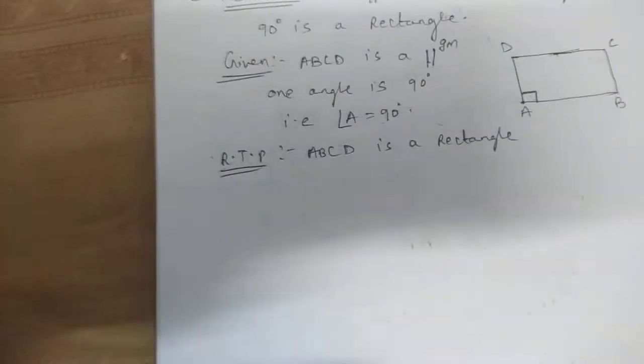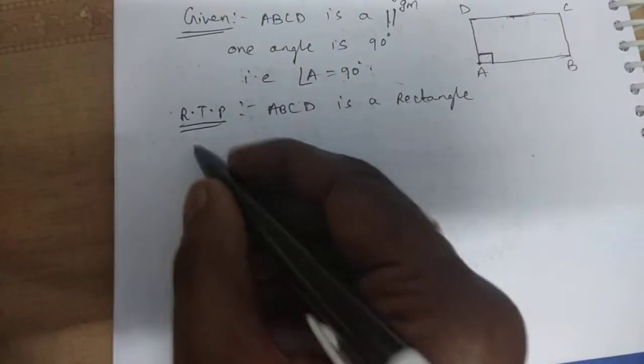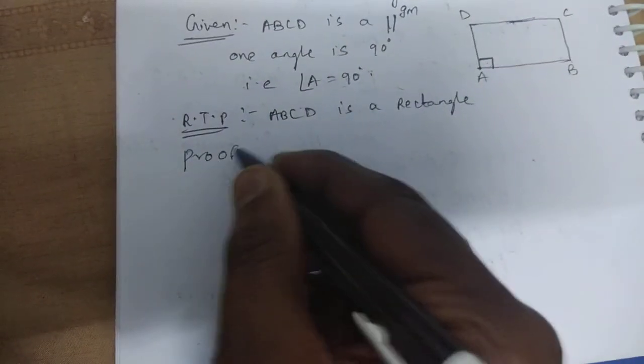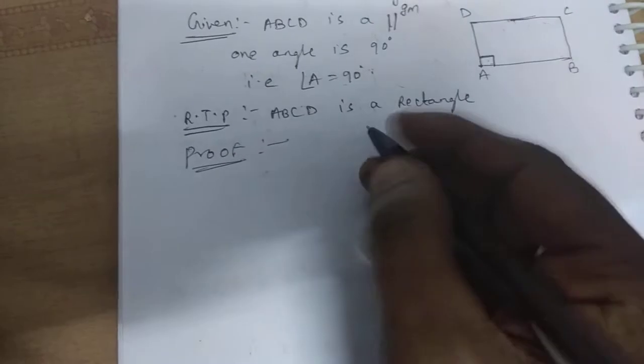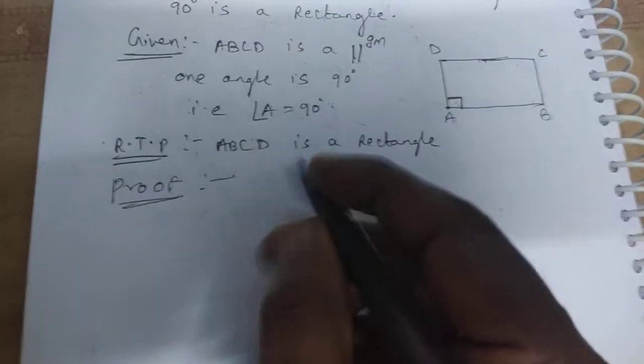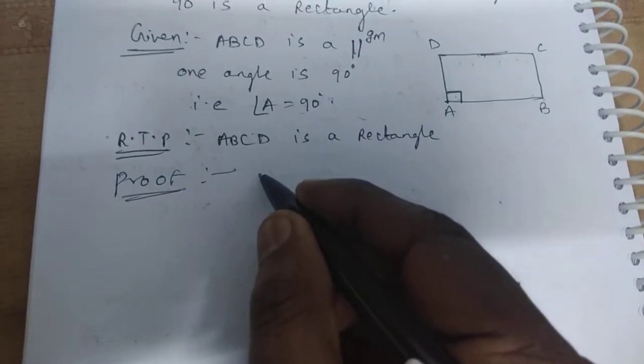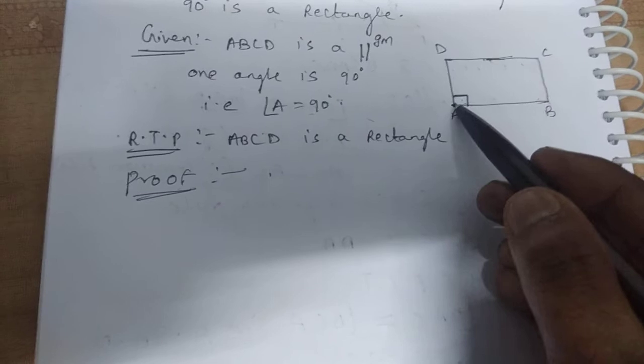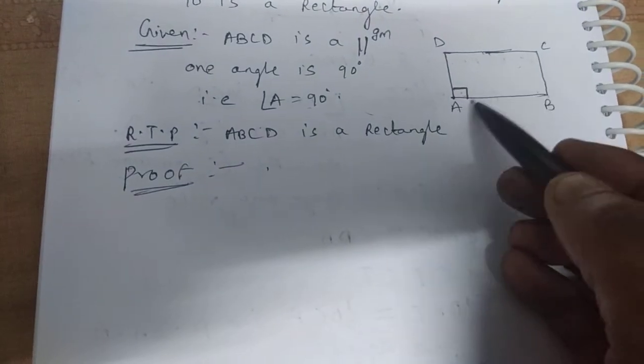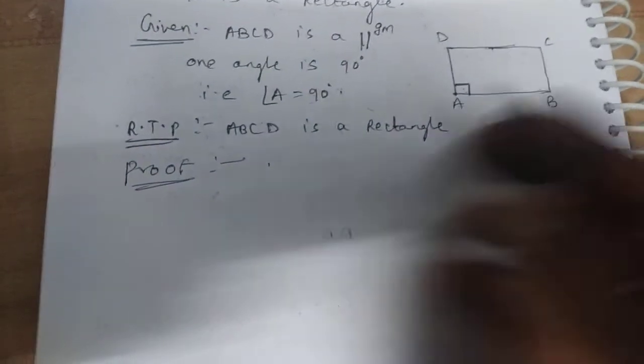So how to prove this one? Let us prove it. Coming to the proof. We already know angle A and angle C are equal because they are opposite angles of a parallelogram.